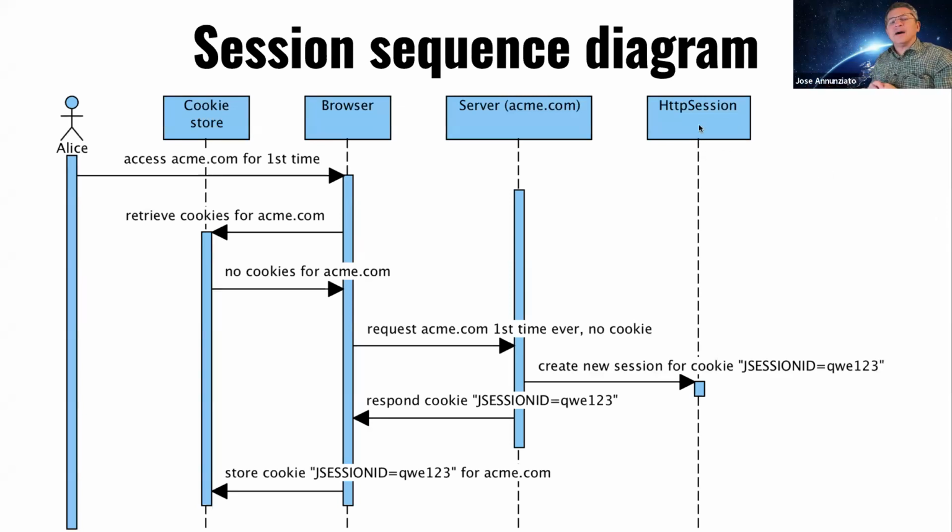For every unique cookie, it's going to create an HTTP session mapped to that one cookie. So if Bob comes in with one cookie, then Bob has an associated HTTP session. If Alice comes in and has a cookie, then she's going to have an HTTP session associated to her cookie. Make sense? So every cookie is going to have a different HTTP session instance.